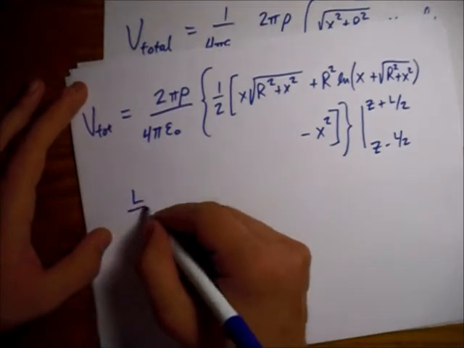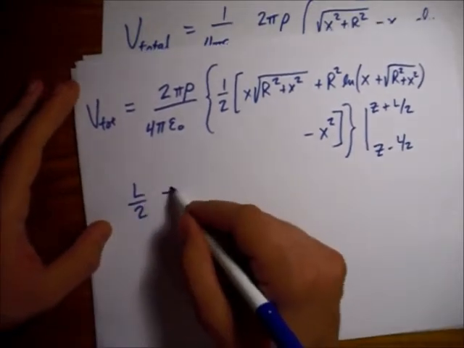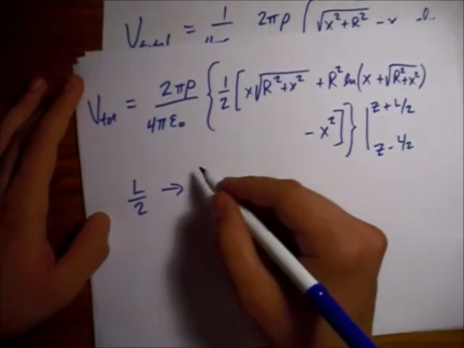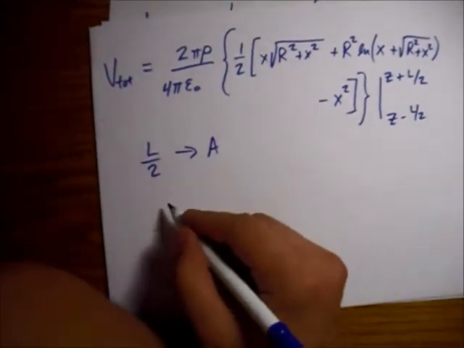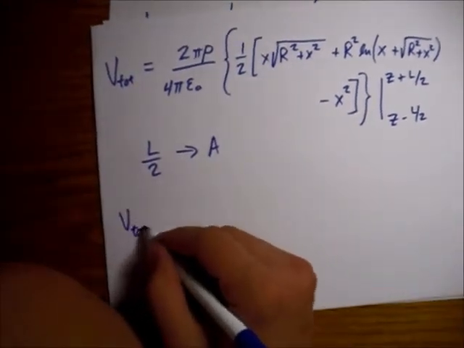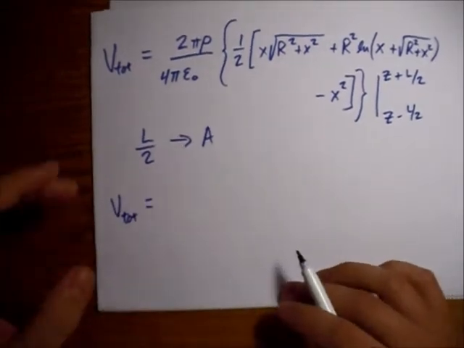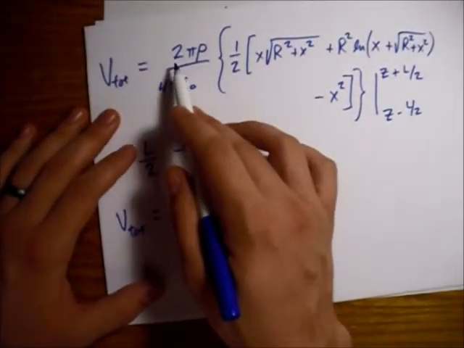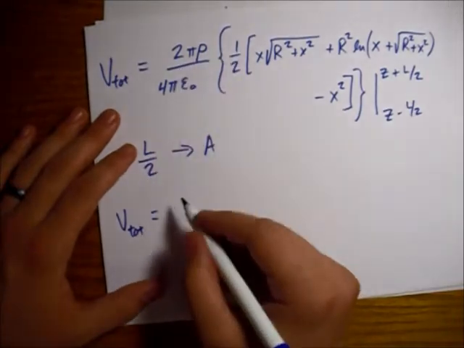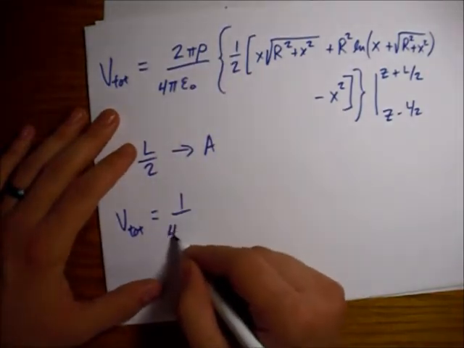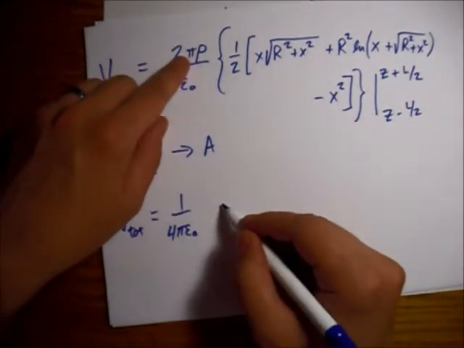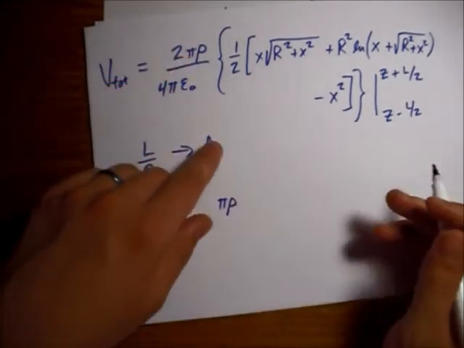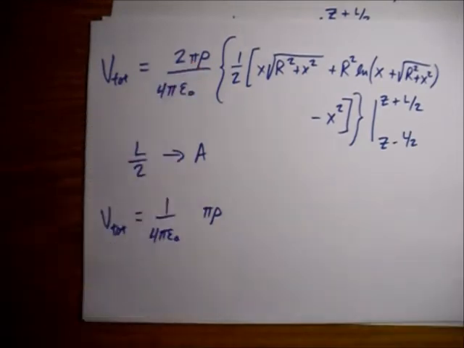Let's just call L over 2 big A. I don't know how much this will actually help, but every little bit might help. All right, so I'm still going to keep my 1 over 4 pi epsilon naught out front. And then we just have a pi times a rho. So I'm just taking this 1/2 and putting it in there.